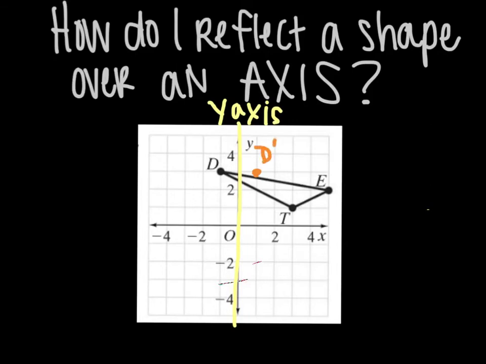E is going to end up here. And then T will end up right here. And there's going to be my triangle reflected across the y. So you're just flipping it on the other side of the axis.